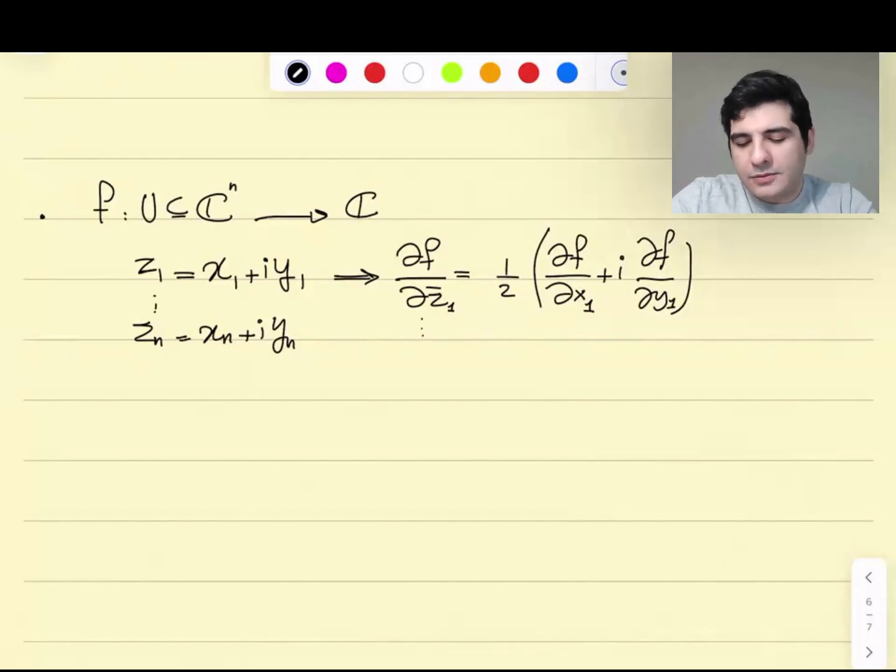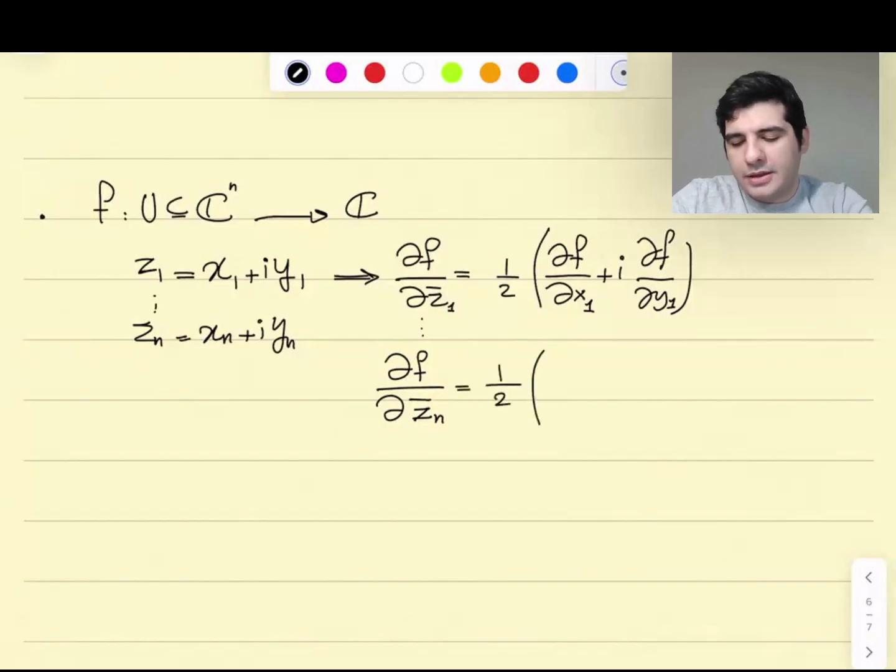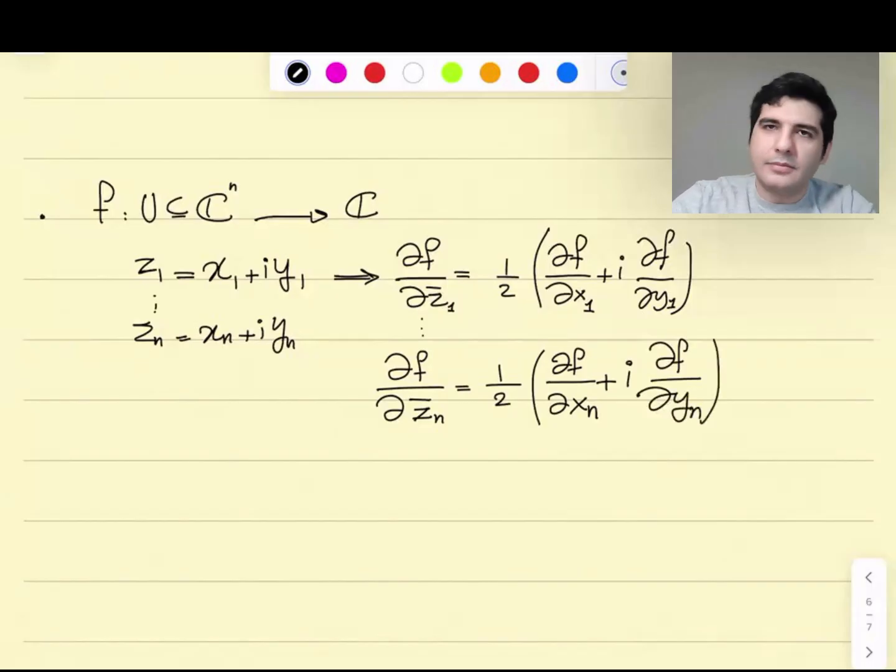And then we can do this for all variables. We define the partial derivative of f with respect to zn bar to be 1 over 2 times the derivative of f with respect to xn plus i times the derivative of f with respect to yn. Okay, so this is just a definition.